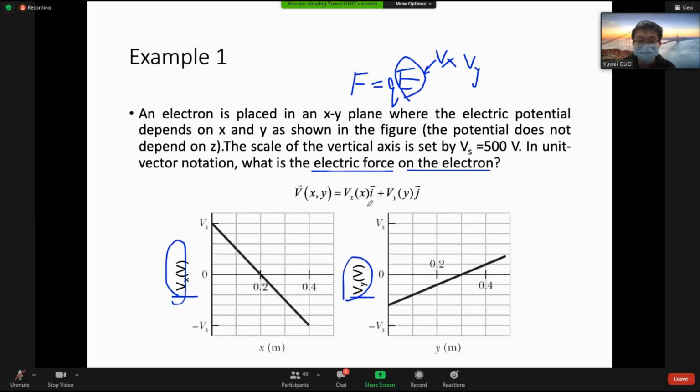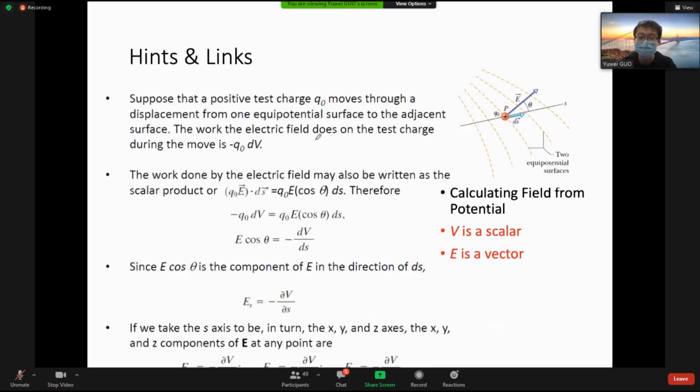Maybe there are some hints from what you learned in class. We know that the work the electric field does can be expressed as minus Q0 times dV, where V is the potential and Q is the charge.